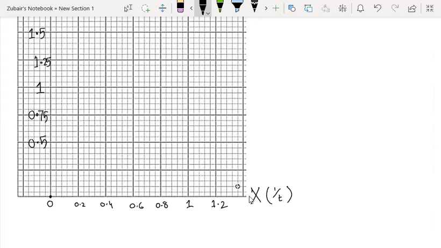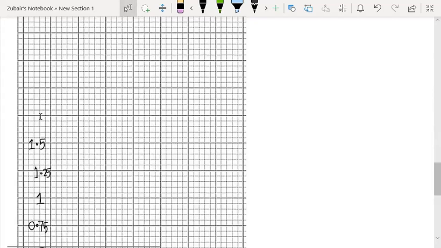Here we can use x, and these are the values of capital Y, which is basically 1 upon n.